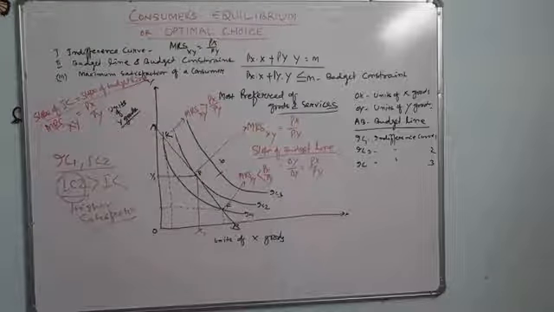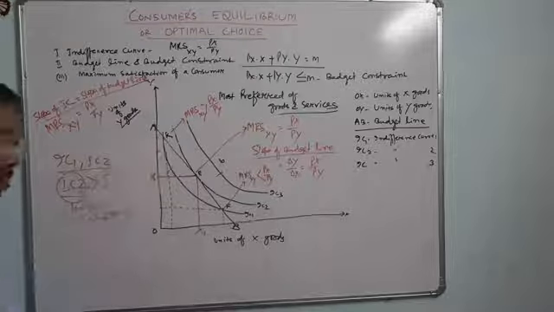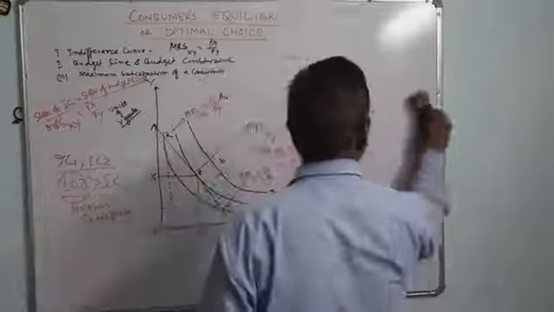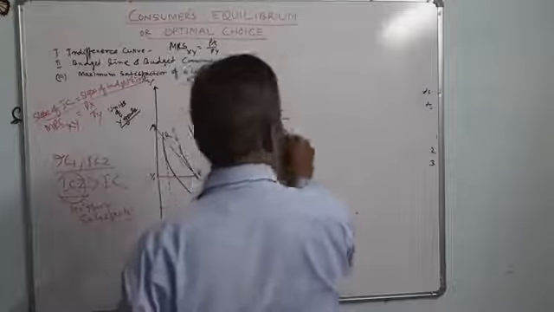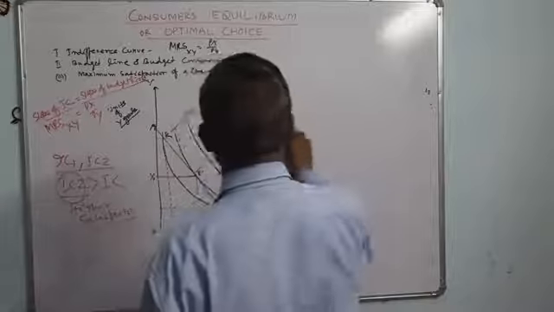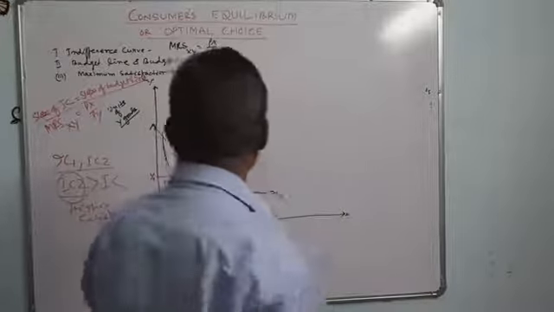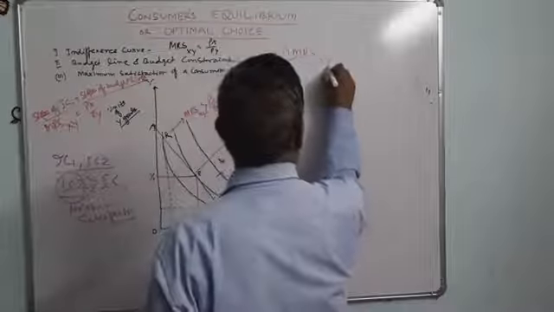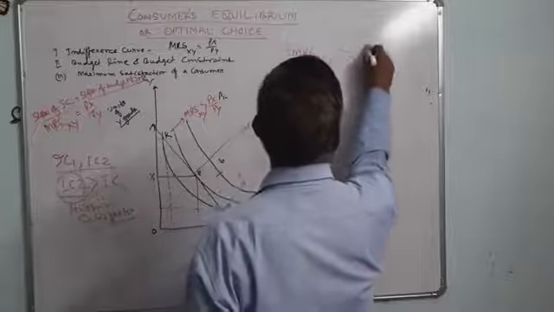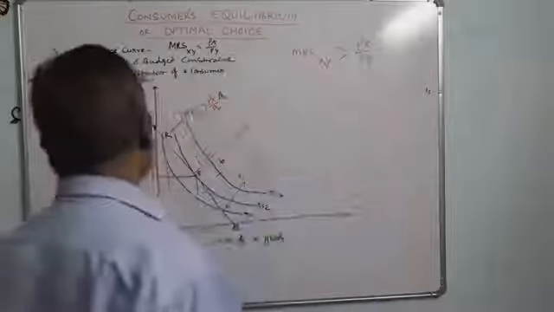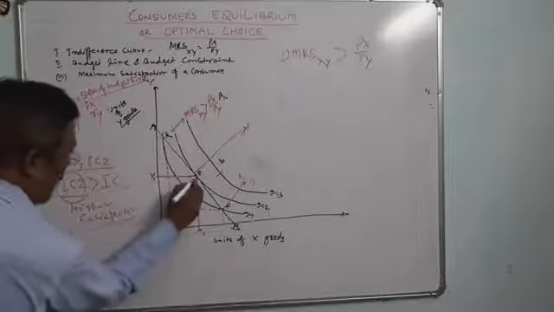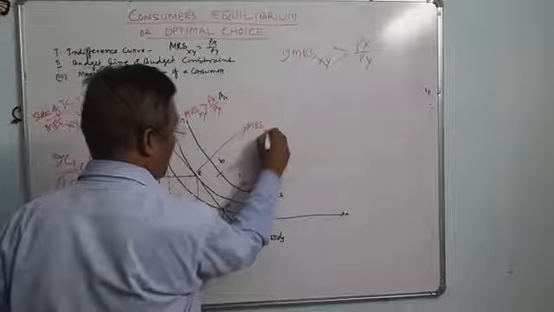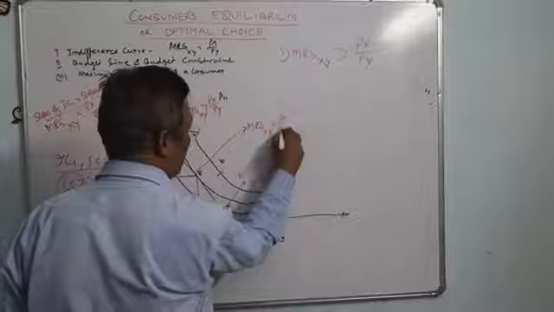So if the consumer is at these points, that is the first condition. If not, what will the conditions be? First condition: the marginal rate of substitution of X for Y is greater than price X upon price Y. To reach the equilibrium point, the condition is MRS of X for Y equal to PX upon PY.